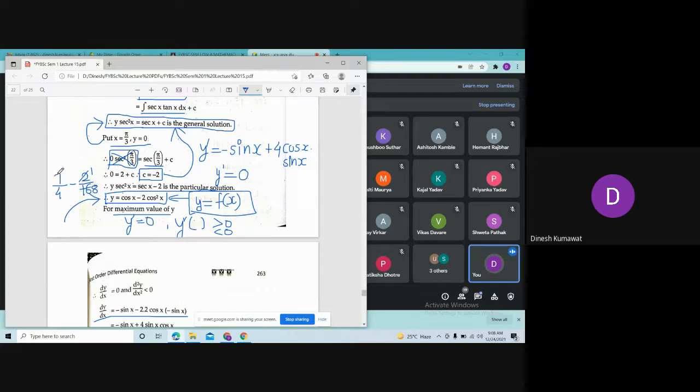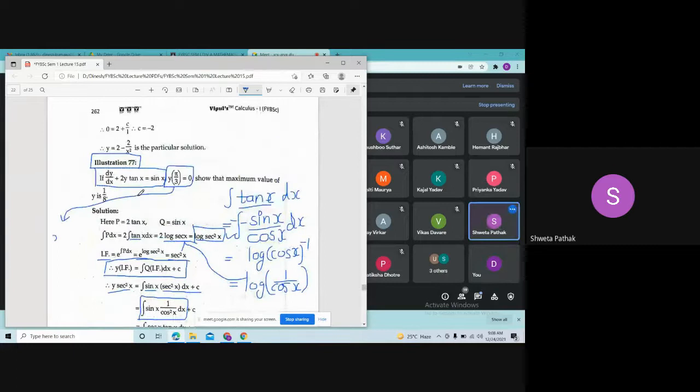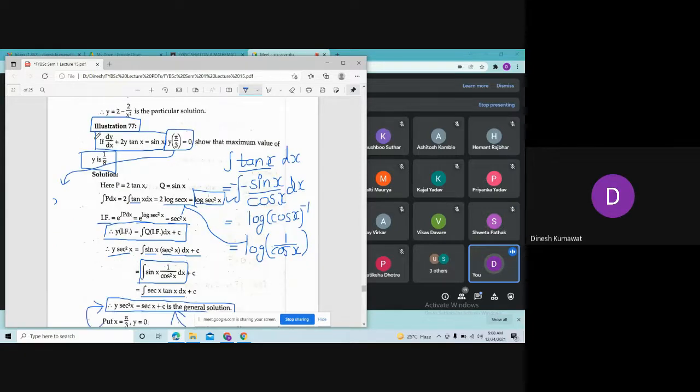So यहाँ पर भी rationalize करेंगे. So ये बन जाएगा 2, ये बन जाएगा 8. So what is the answer? 1 by 8. So what is the maximum value? 1 upon 8. So you can see hence proved. Is that clear to everyone? Yes, sir. So you can see this is the interesting one.